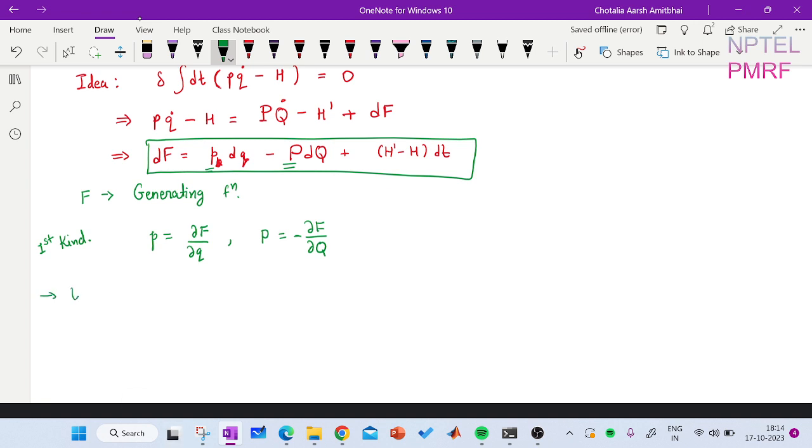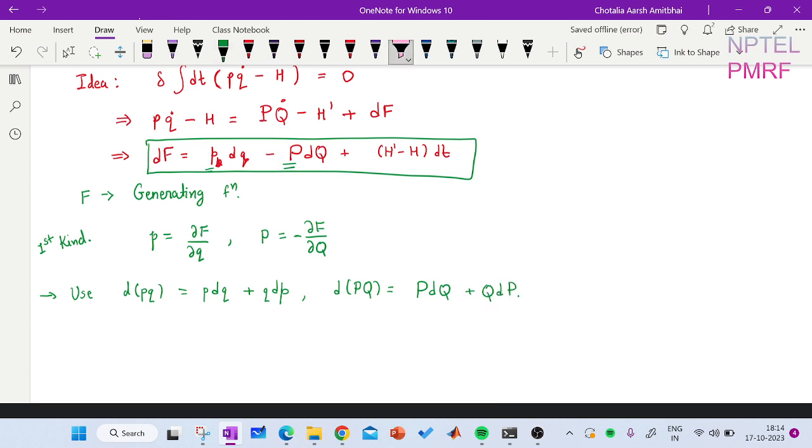Later on, we can use d of pq is p dq plus q dp, and the same for the new variables, capital P and Q: P times dQ plus Q times dP.